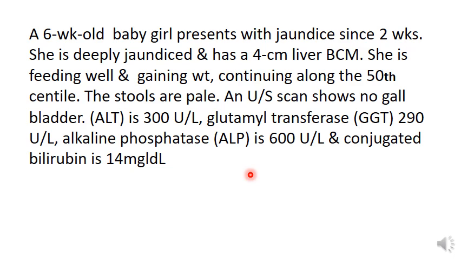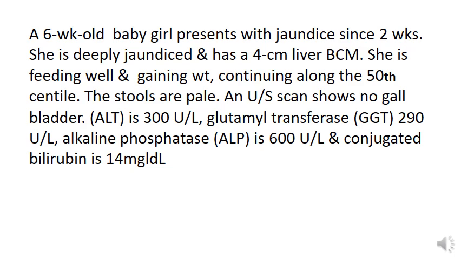The stool is pale. Ultrasound scan couldn't show the gallbladder. Liver enzyme is elevated, 300 units per liter. Gamma-glutamyl transferase is elevated, 290. Alkaline phosphatase is 600. And the bilirubin is mainly conjugated, which is 14 milligram.